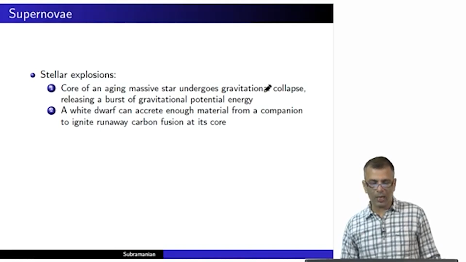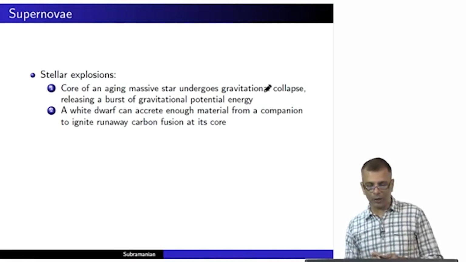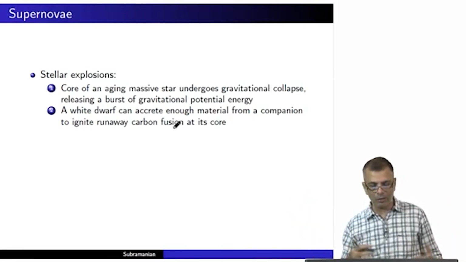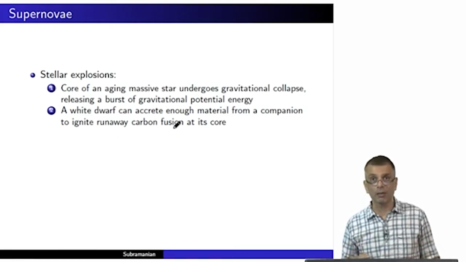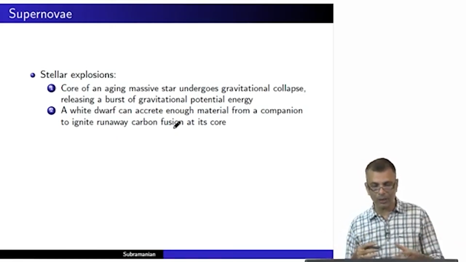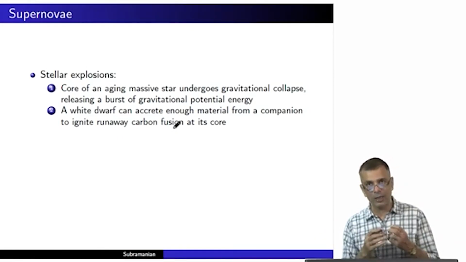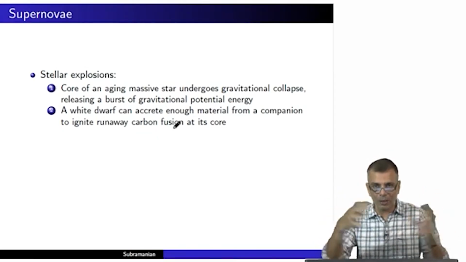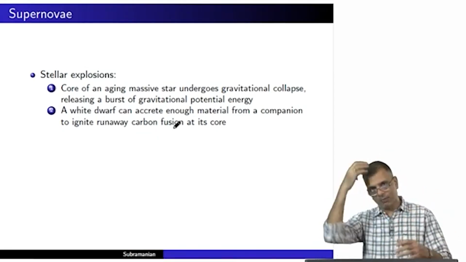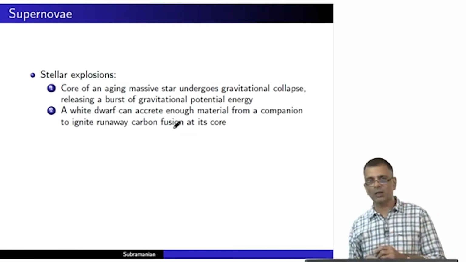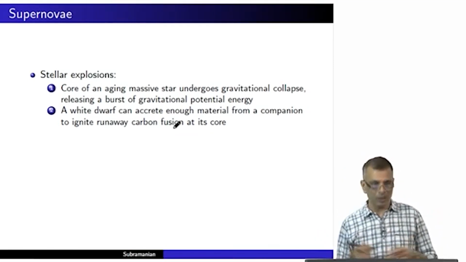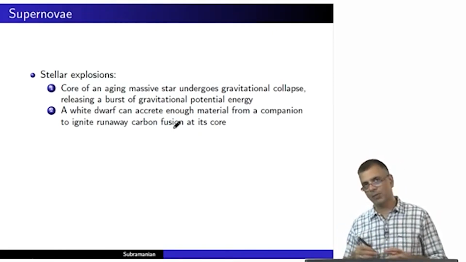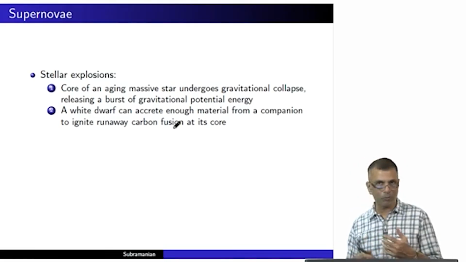Okay, and in what way? For instance, a white dwarf can accrete enough material from a companion to ignite runaway carbon fusion at its core. So what happens is once the core collapses beyond a certain critical density, during what's called the main sequence of stellar evolution, like for instance our sun, what's happening in our sun right now is that hydrogen is being fused to produce helium.